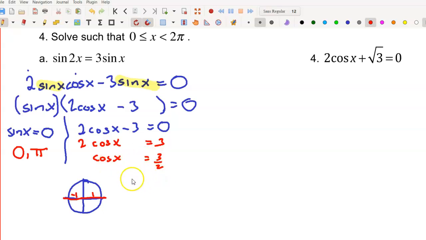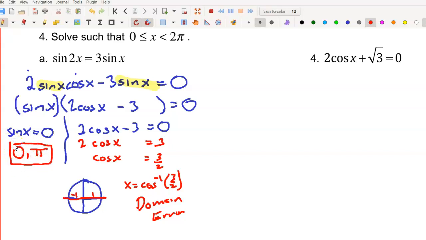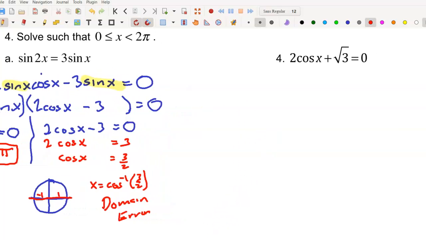So this would be a no solution. If you put this in a calculator and typed in the arc cosine of 3 over 2, it would say domain error, right? So that's the way you get a no solution for that. So that means your only two answers are 0 and pi. So those require factoring. It's a little bit more involved.